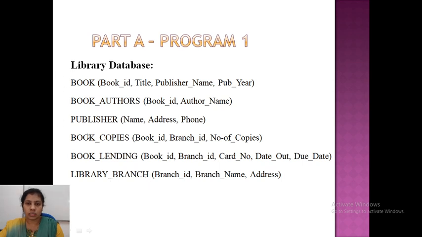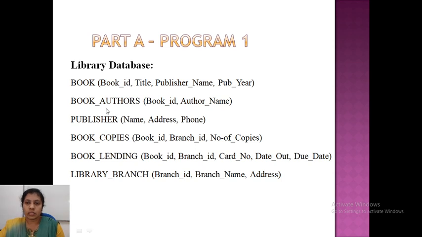So these are the nouns. So you represent these relations or the tables with entity types. And then book lending is one of the action or the verb, so that will form the relationship.